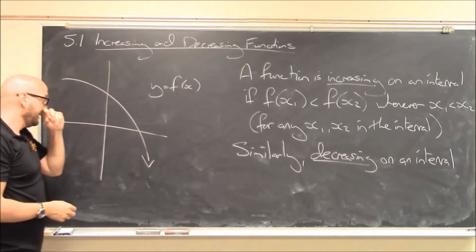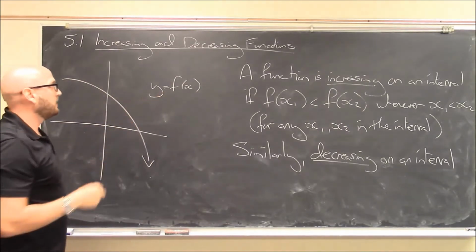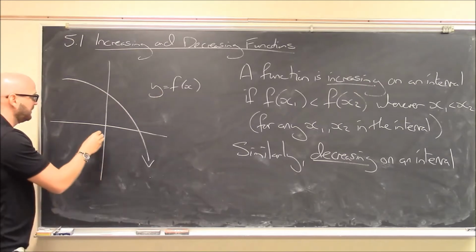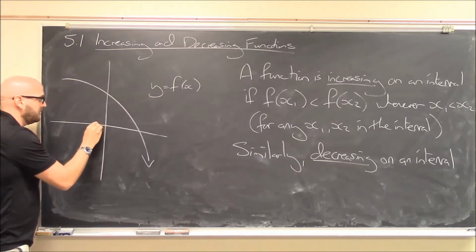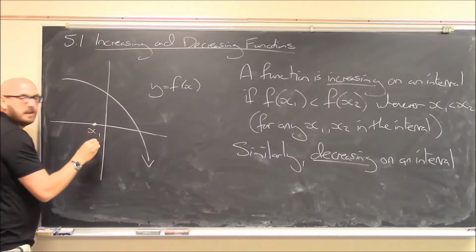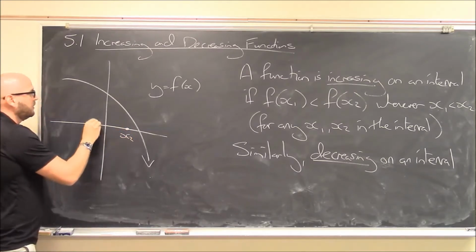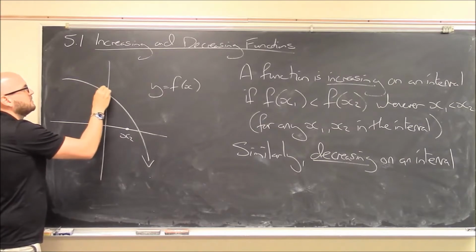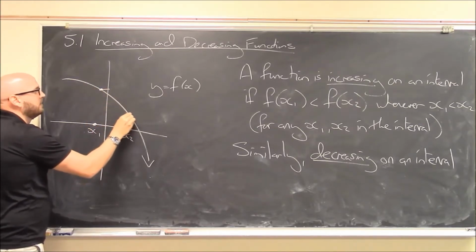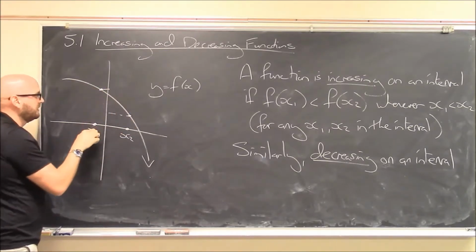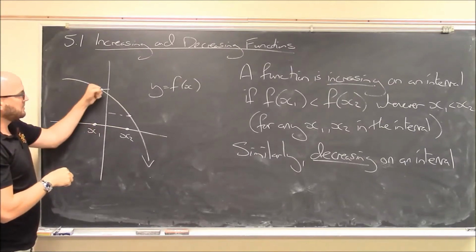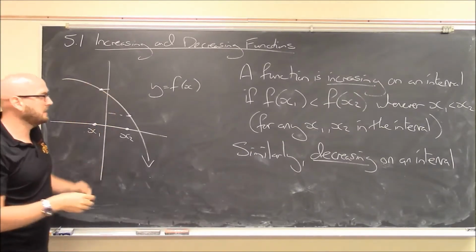It's decreasing in value. So if I want to go with a similar definition, what should this mean? Well, let's go with the same idea of, okay, I choose an x1, and then I choose an x2 that's bigger. Well, to be decreasing, that should mean that my y values are getting smaller, right? The smaller x value should actually correspond to a bigger y value.